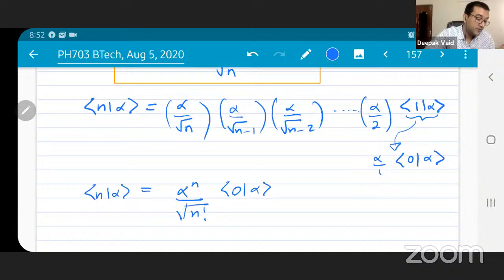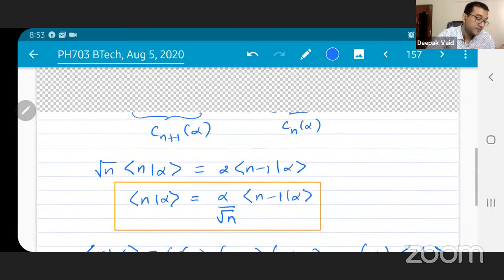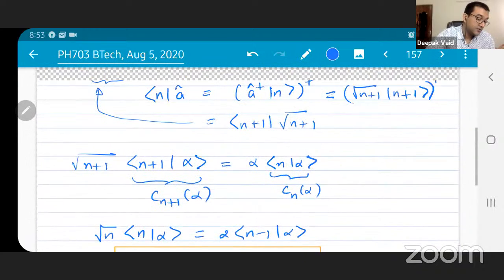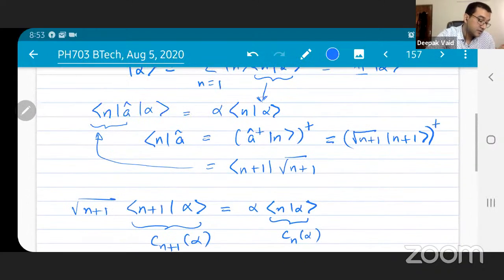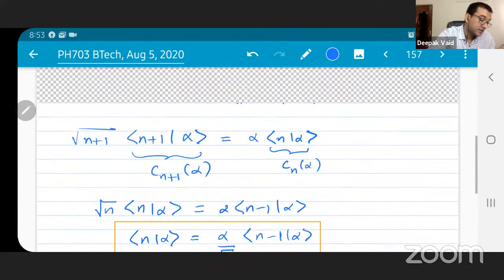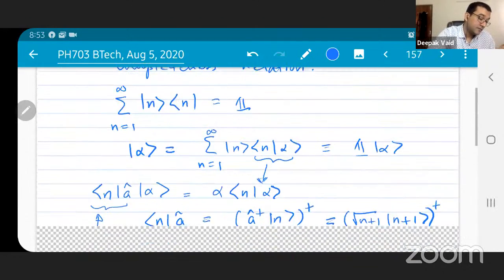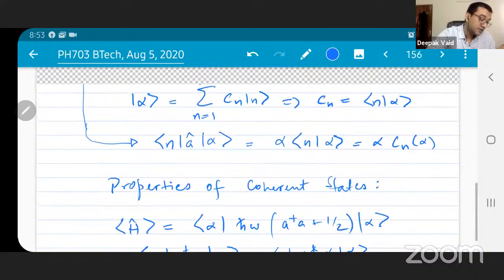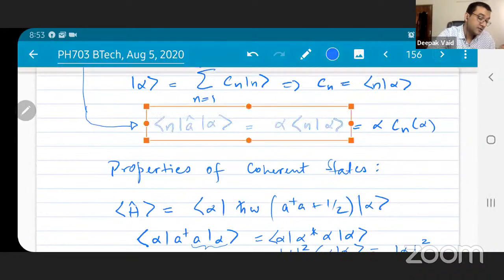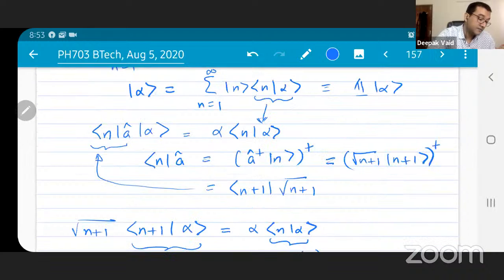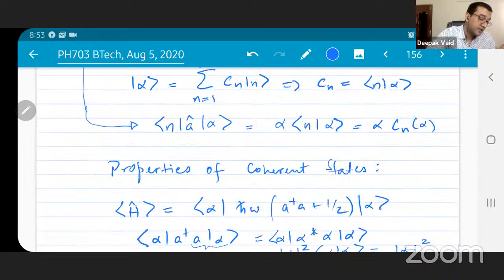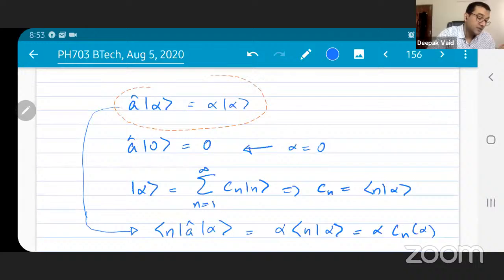So we have found a nice expression. Again, this is all algebraic. We have not had to solve any differential equations anywhere, right? If you just go over this expression again, we start with the eigenvalue equation. We contract on both sides with n.